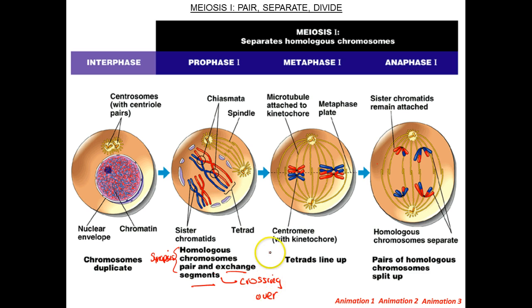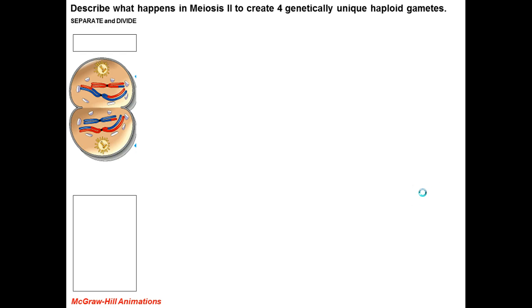We're going to go over this later on. And then metaphase 1, homologous pairs line up, or tetrads line up. Homologous pairs separate, where each chromosome is going to opposite poles. Then you don't have anything in between, no replication happening or anything, but then it goes straight to meiosis 2.